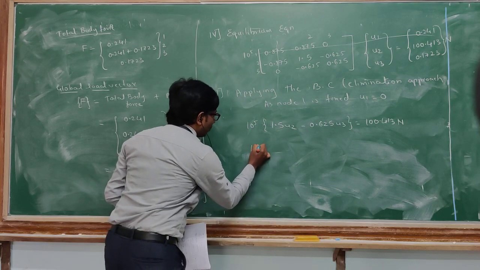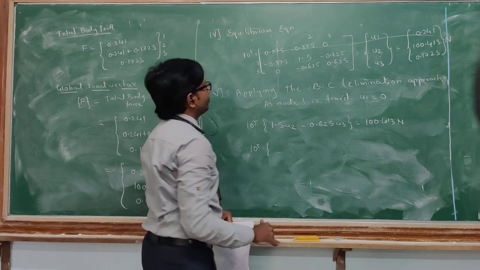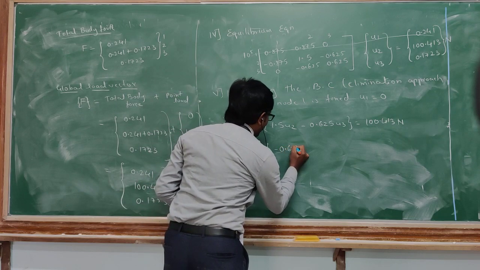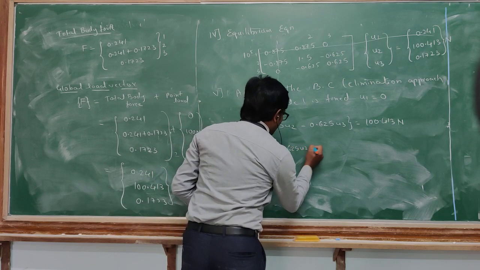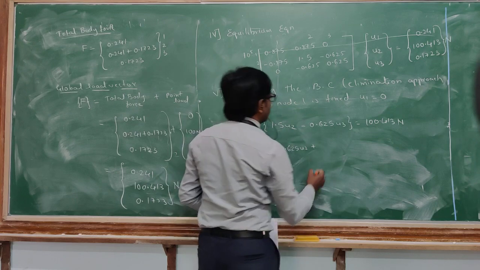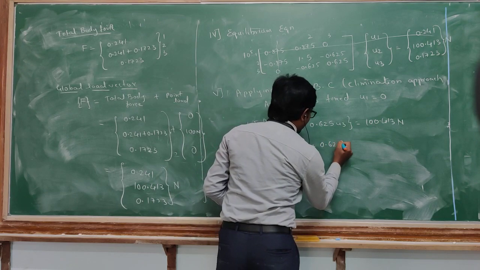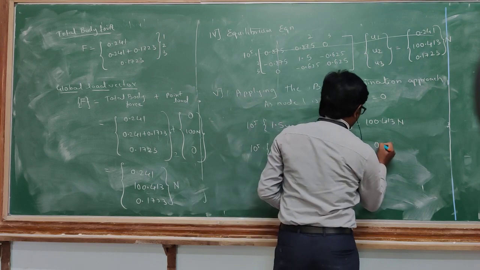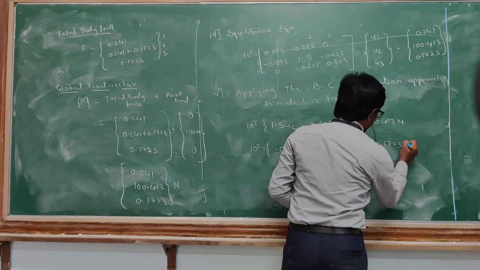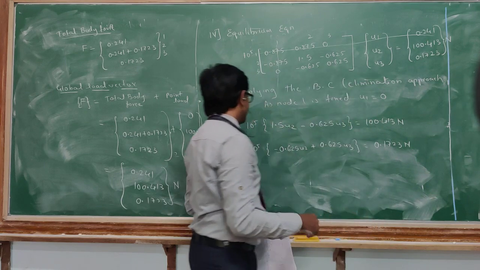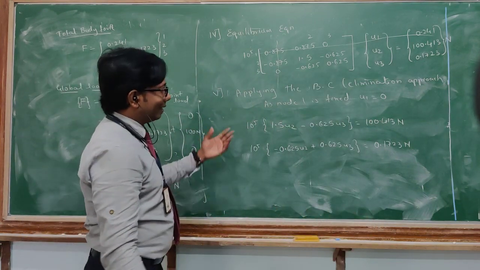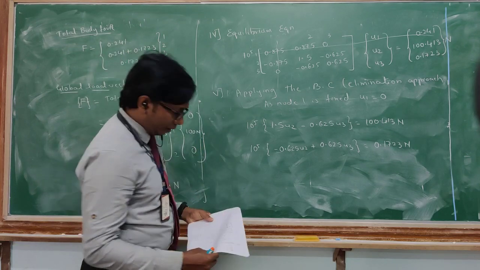Next is 10 raised to 5, minus 0.625 u2 plus 0.625 u3 should be equal to 0.1723 Newton. So these are the two equations and you have two unknowns. You can easily solve the values of u2 and u3.